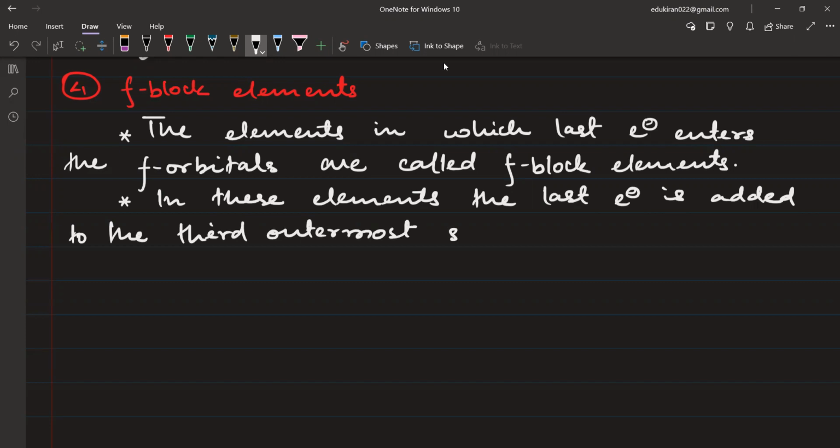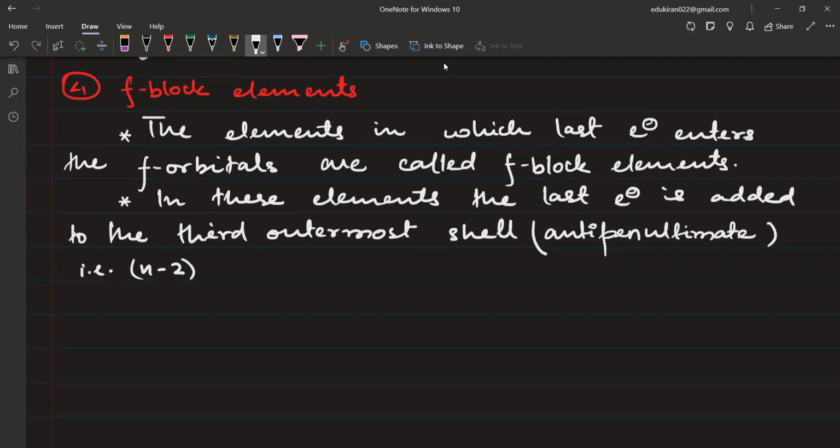This third outermost shell has another name. It is known as anti-penultimate. Anti-penultimate shell. That is n-2 f.